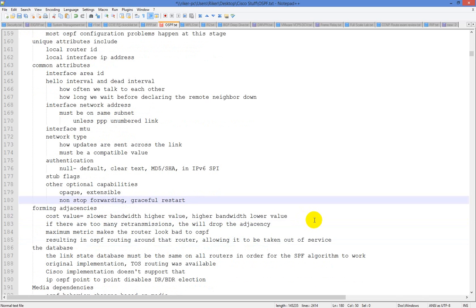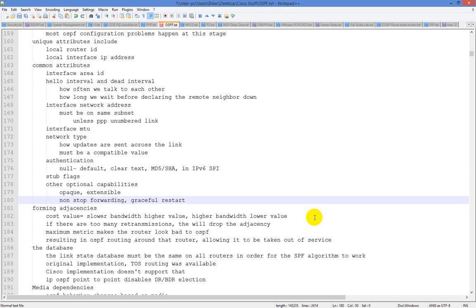And then the database. The link state database must be the same on all routers in order for the SPF algorithm to work, and this is per area. So if you're in any area, all the routers that have a connection to that area should have identical link state databases. Once you leave that area and use an area border router to get to the next area, the area border router is going to have copies of both areas, and it's going to advertise Type 3 LSAs into both areas.